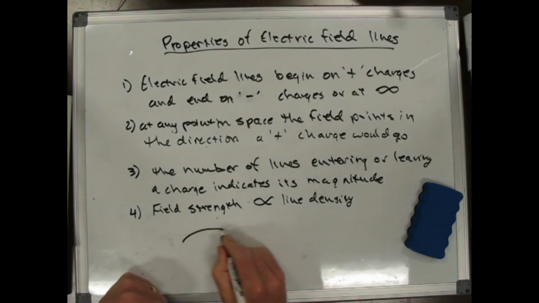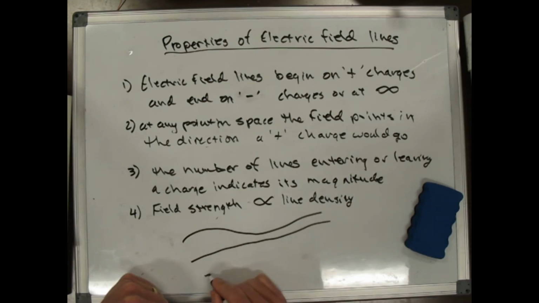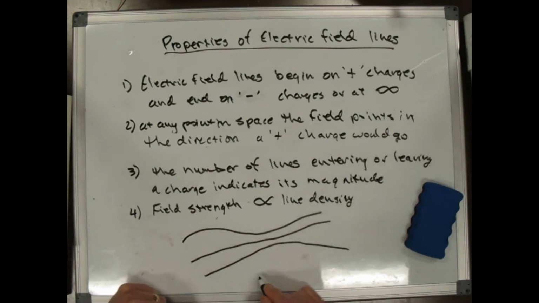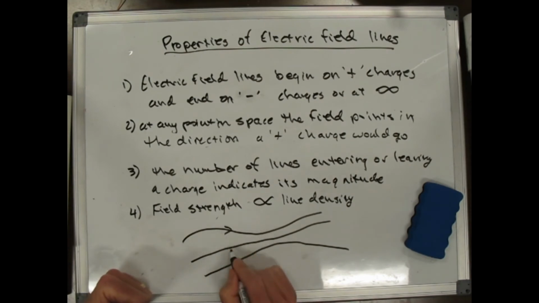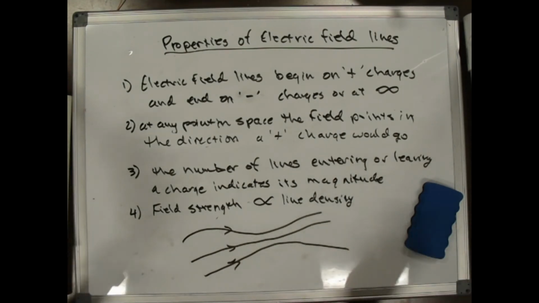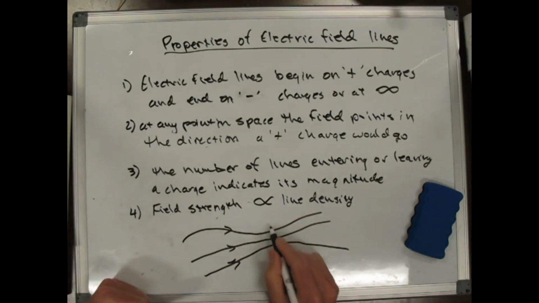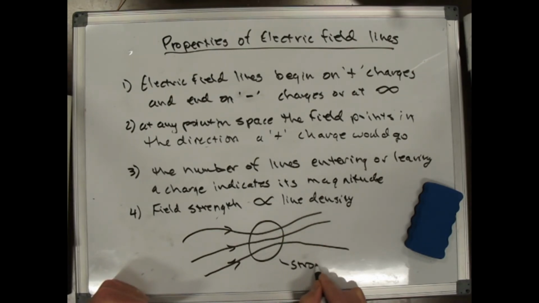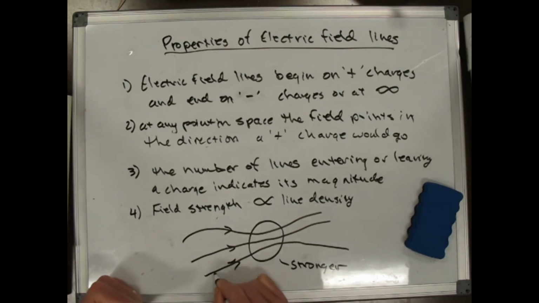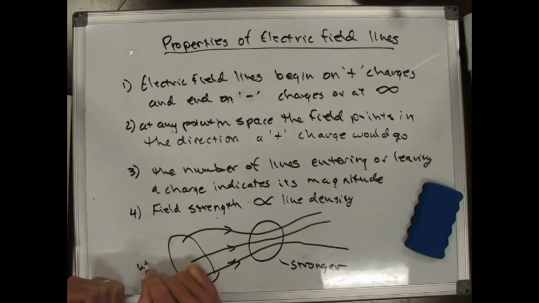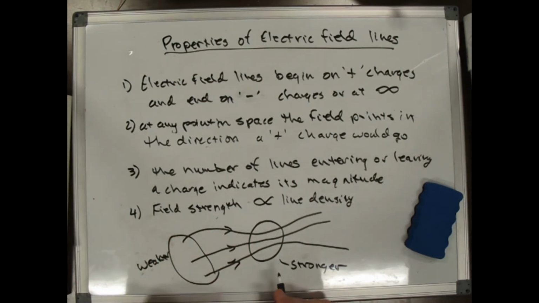And so there could be some electric field lines like this in space, caused by some distribution of charges somewhere. And I can say, look, this region is where the field is the strongest. Out here it's weaker. All right, low density of lines, high density of lines.